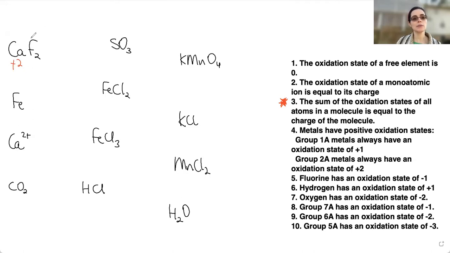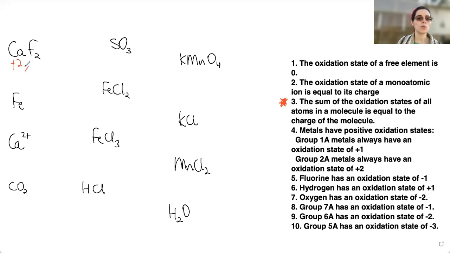And now I'm left with just one atom. When you are left with just one atom, you have to invoke rule number 3, which states that the sum of the oxidation states of all atoms in a molecule is equal to the charge of the molecule. So our molecule is neutral. That means that the sum of all the oxidation states has to be 0.